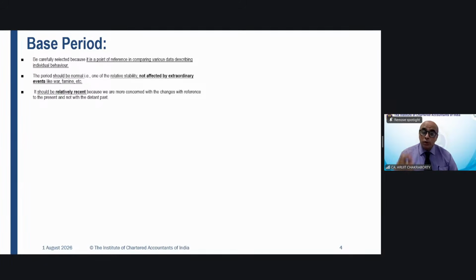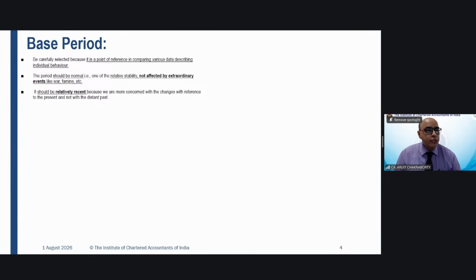So it should be also the second important criteria. So एक आपको नोट करना है कि base year ऐसी year को select करनी चाहिए जहां पे काफी stable था. It should be relatively stable, economically stable, no extraordinary events like war, famine, or recession.